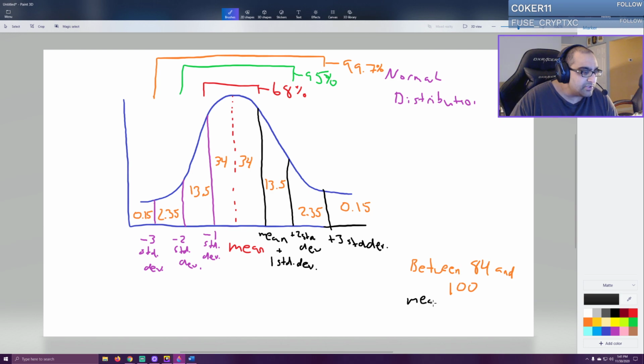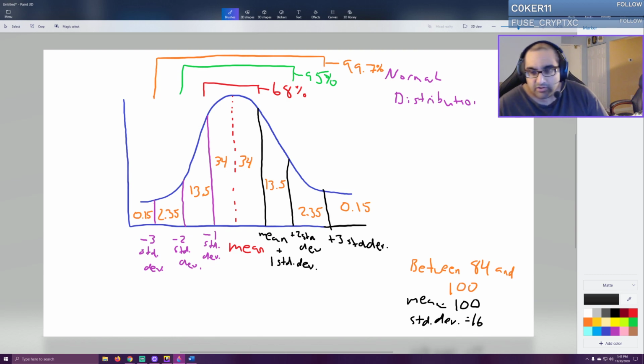So let's go with that idea. The mean is 100. Again, that's a random number we chose. Standard deviation is 16. All right, another random number. So the way we want to phrase this is we want to say, okay, the mean here is 100. So I'm going to write 100 down here.